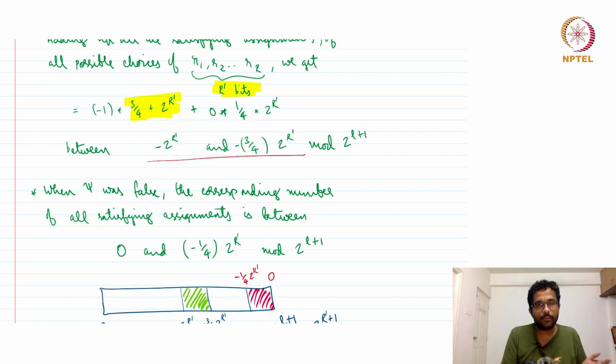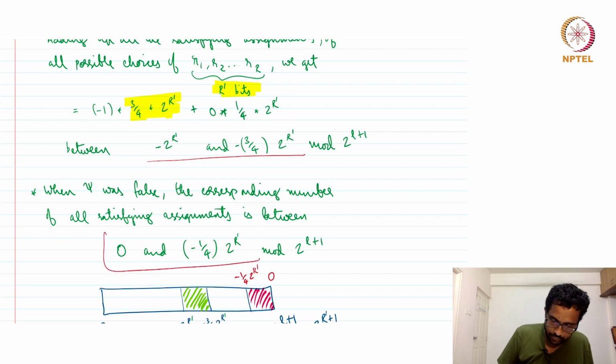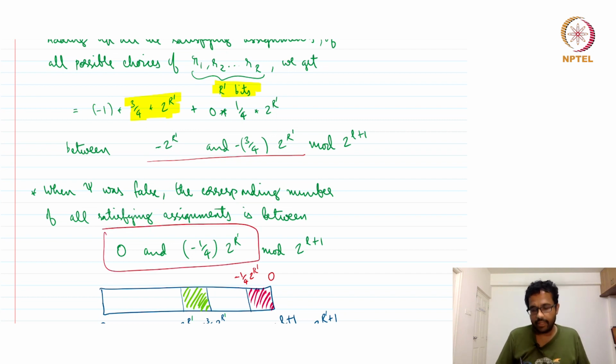Otherwise we could have up to 1/4 fraction yes instances, so it is minus 1/4 multiplied by 2 power r prime. So in this case the range is 0 to minus 1/4 2 power r prime, mod 2 power l plus 1. So there are two ranges.